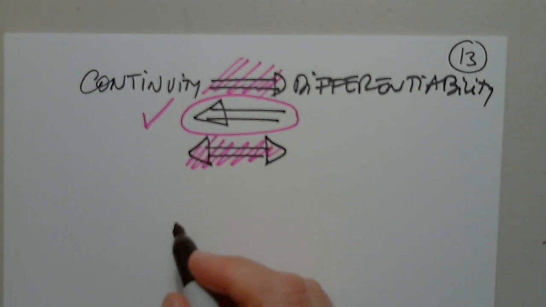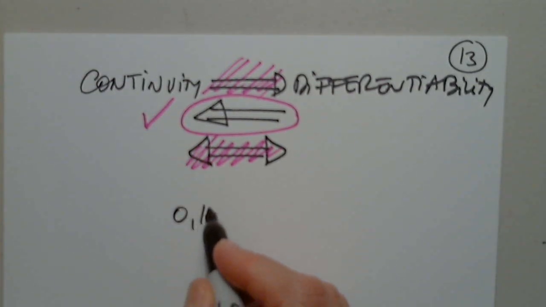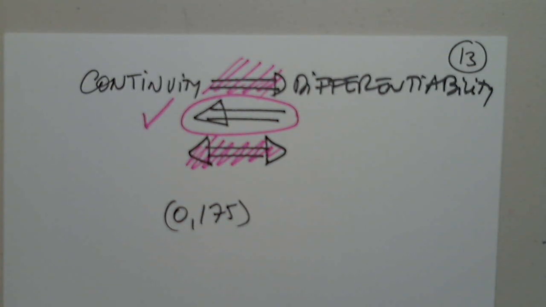So 1 point is 0, 175 degrees Fahrenheit. Then I extend the line and read it right here, between 120 and 150: 20, 30, 40, 50.